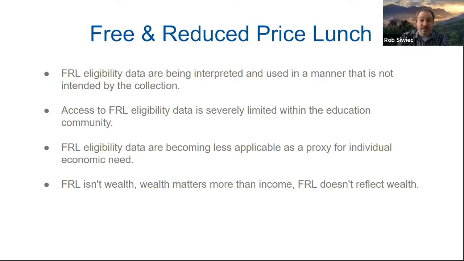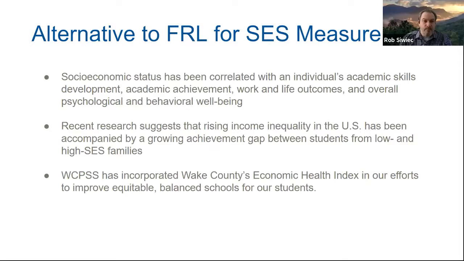It measures household income. So the Economic Health Index provides a stronger measure of SES for our residents. For that reason, we've incorporated Wake County's Economic Health Index in our efforts to improve equitable, balanced schools for our students.